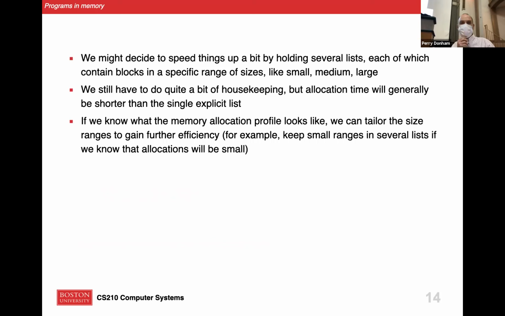Maybe if I know what the profile of my allocations looks like, and this would be in a closed system, maybe Mars Lander, I know exactly what each code branch does. I know exactly what its allocations look like. Actually, it's running Linux, so it's running Ubuntu, I believe. Or is it running Ubuntu or Mint? I can't recall.